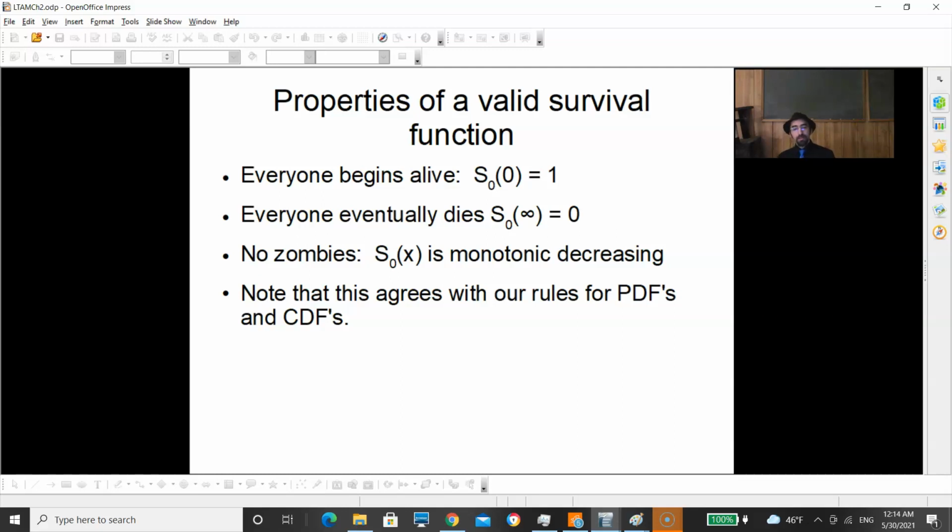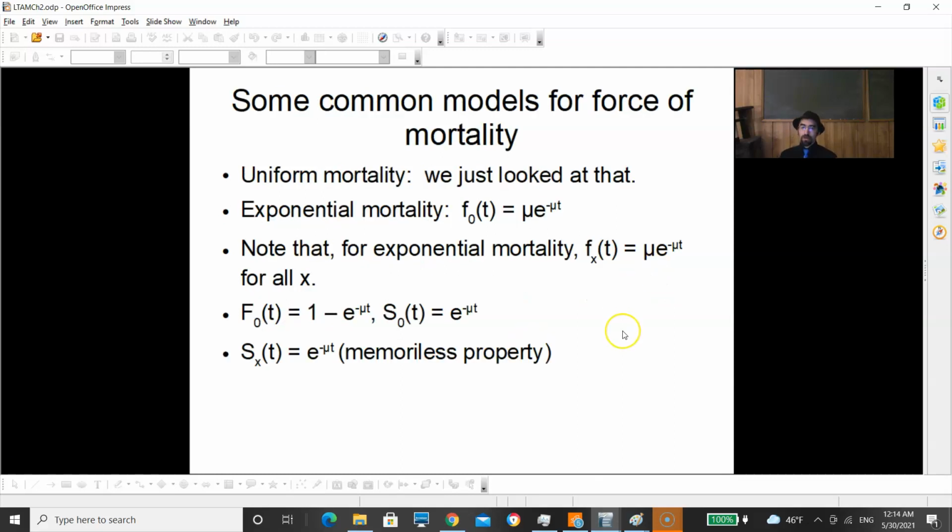Also, since the survival function is decreasing, its derivative is negative. Its negative derivative must be positive, and since the probability density function is the negative derivative of the survival function, then that forces the probability density function to be positive, which they're always positive, right? They're probabilities.